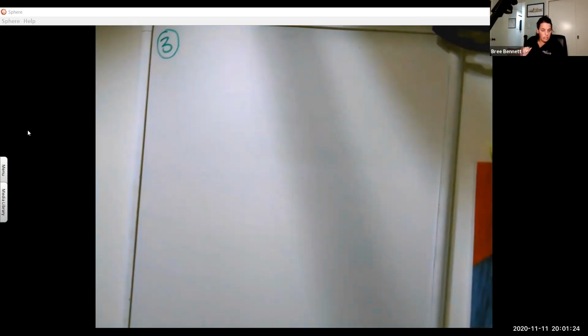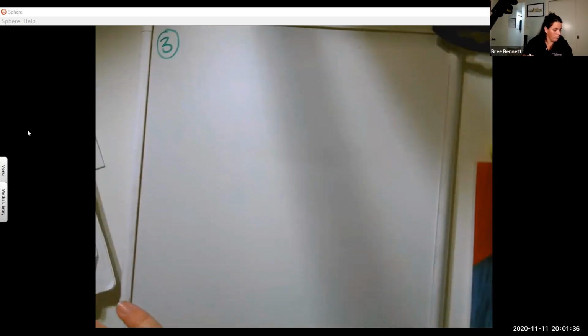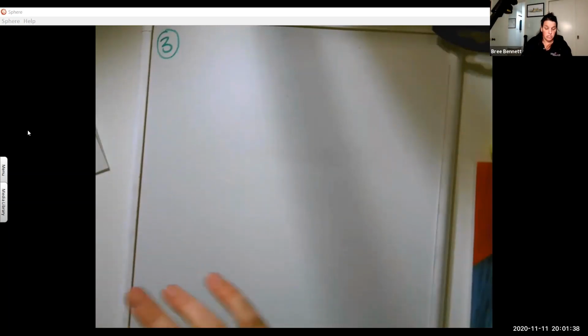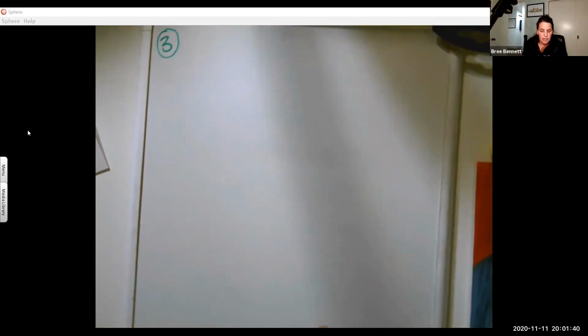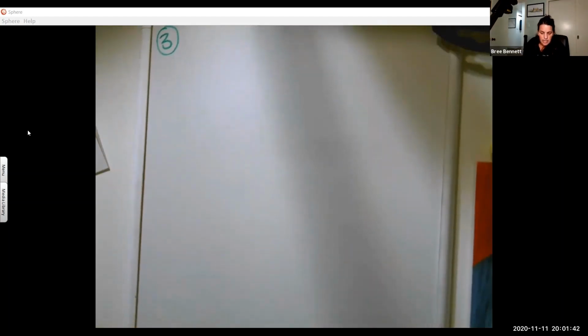Okay, so let's do number 3. Okay, you're cleaning up after the Christmas boat parade in Huntington Harbor. Your boat needs extra room to clear one of the bridges.